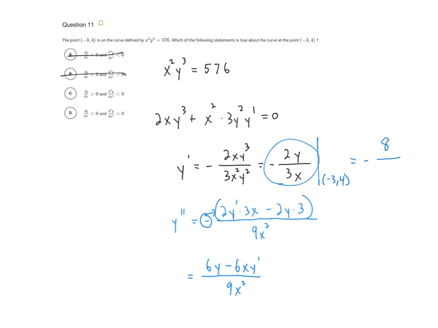Plug in x, the bottom is -9. So this is 8 over 9. Okay, so let's plug this point in. And then when we come to the derivative, this y prime, we'll plug in 8 over 9. Oops. Okay, 6y is 4.